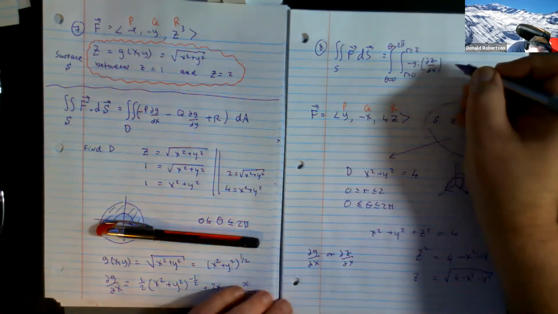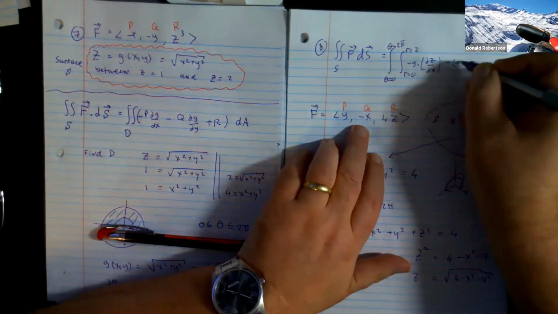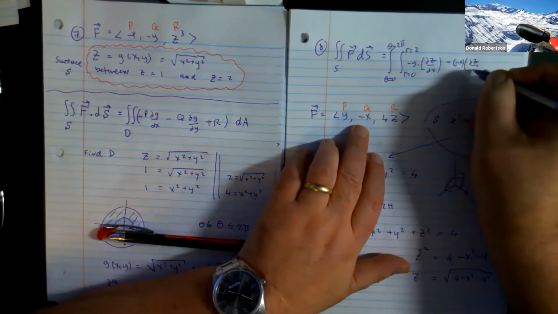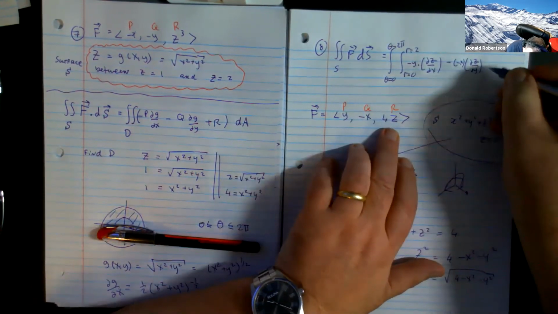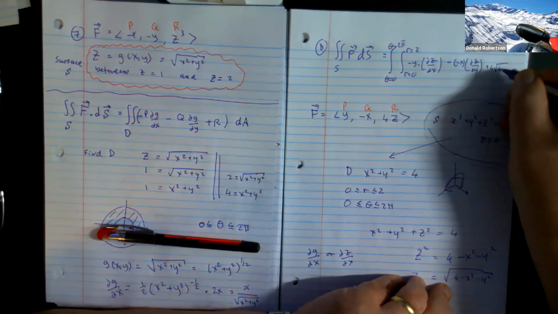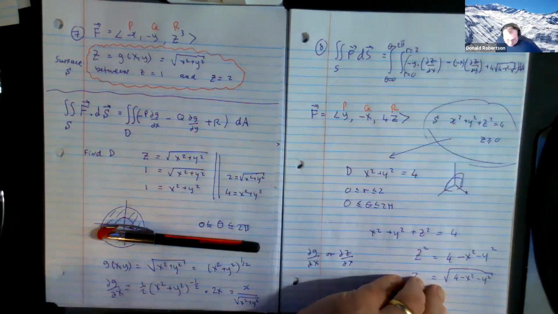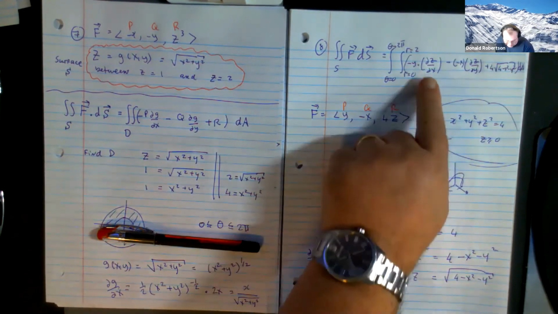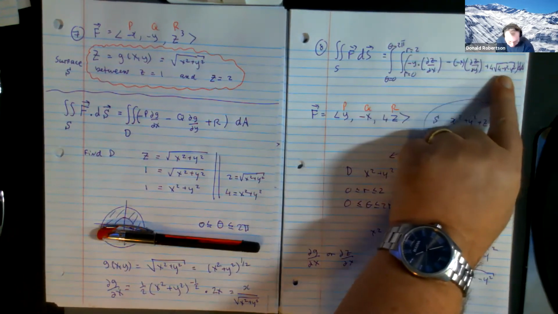Then you take away the next one, negative x, and you'll do a dz by dy. Then you'll add an r, which is 4 z's, so you'll add 4 of these guys. Technically, dA. So ugly guy, a whole load of things with x's and y's.